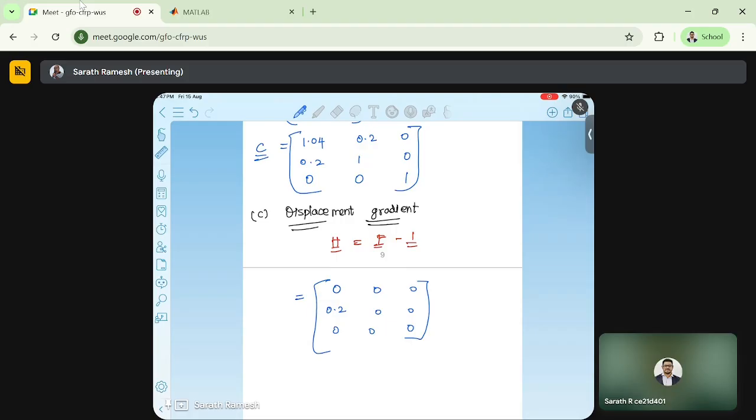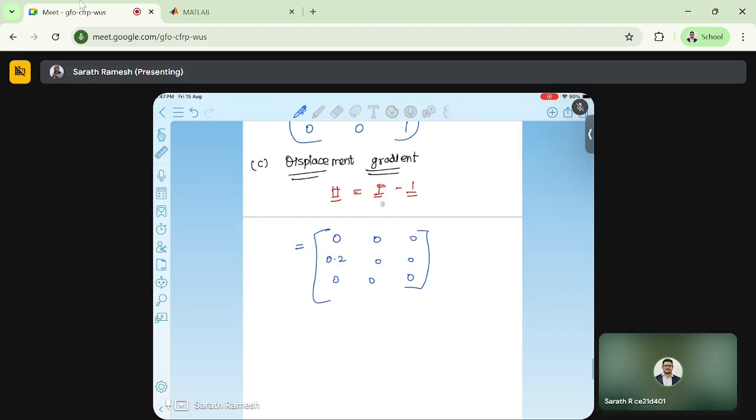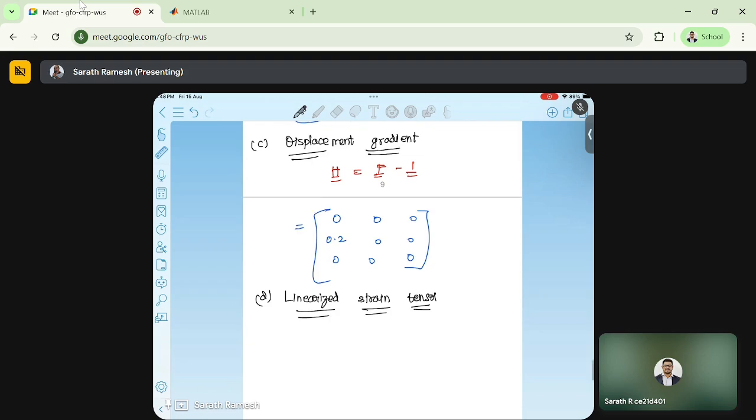Okay. And fourth question, part D, we have to find the linearized strain tensor. Fine.